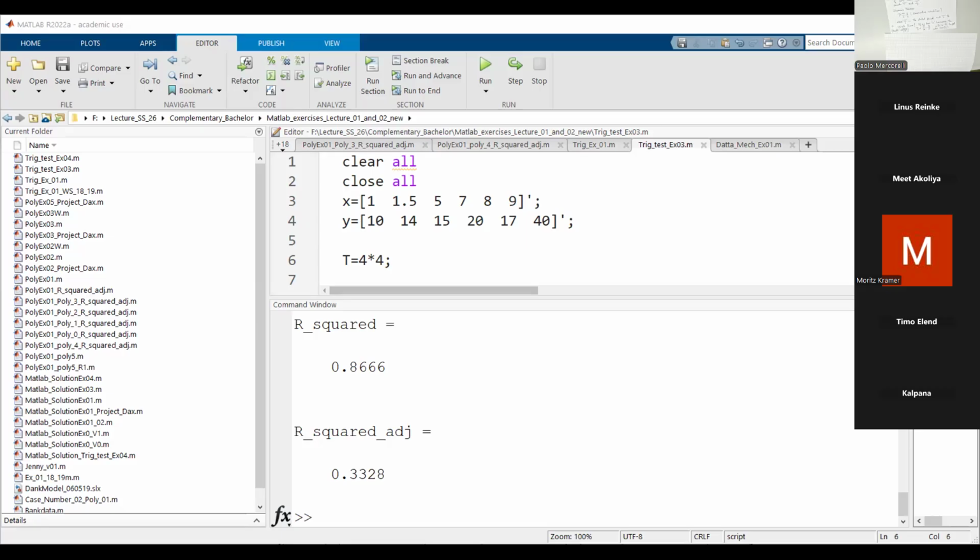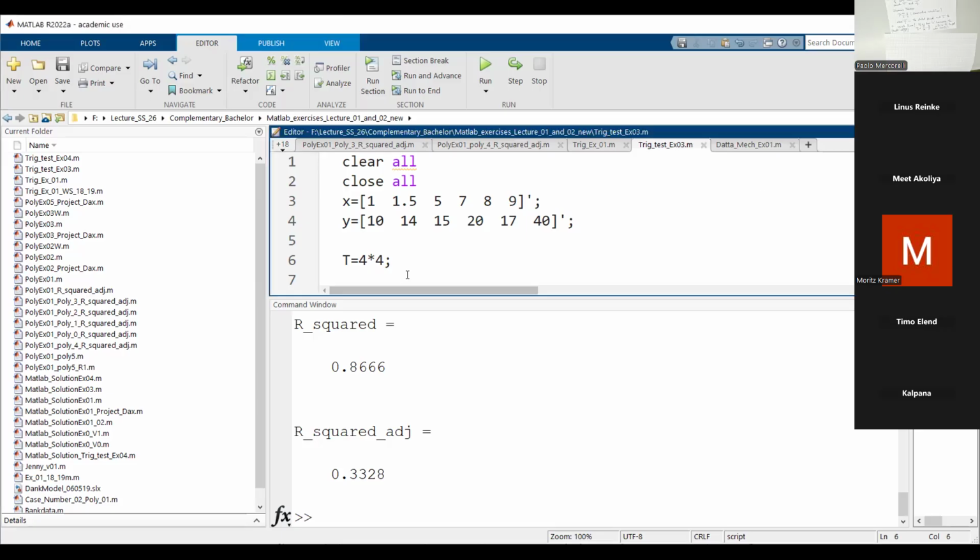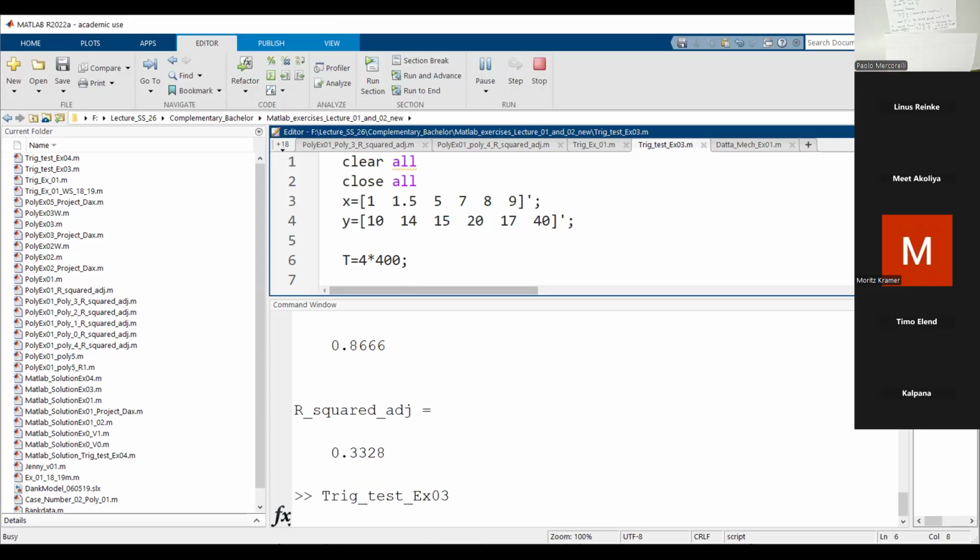Again, with respect to t, this must be specified. Okay. Of course, if I increase t, we will have different problems, because look, if I do, for instance, 400, just to put an exaggeration, look what happens.